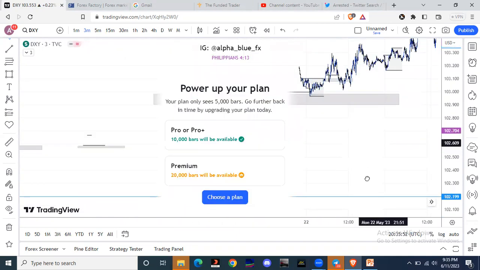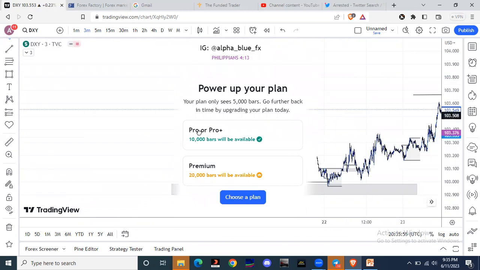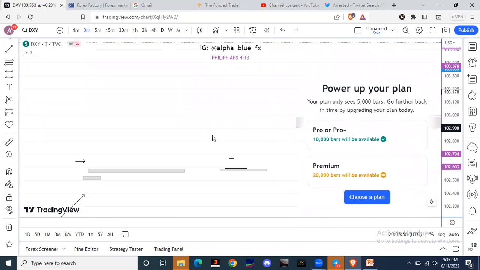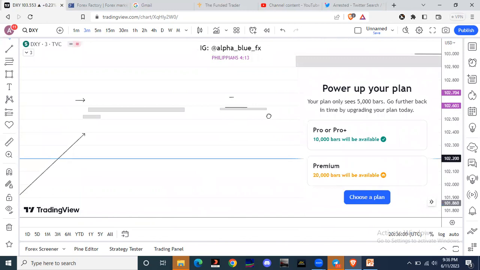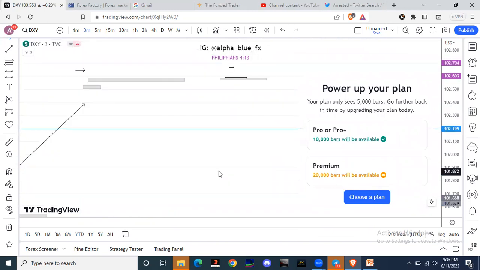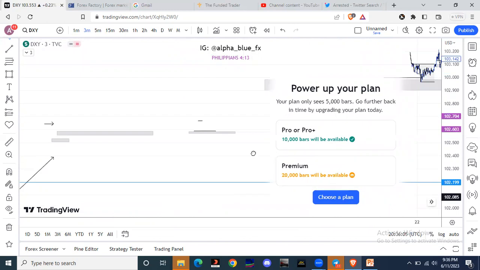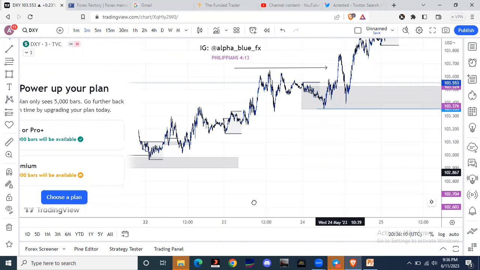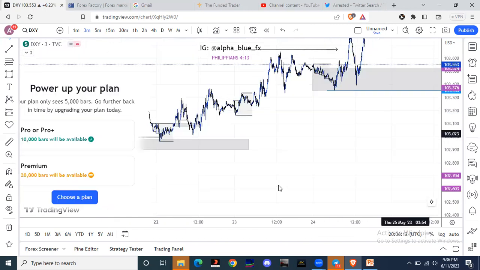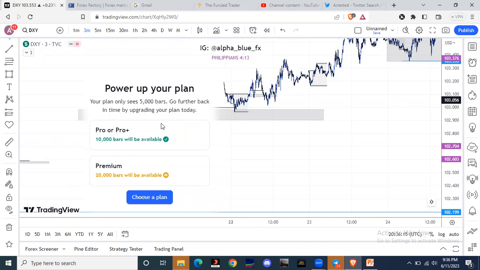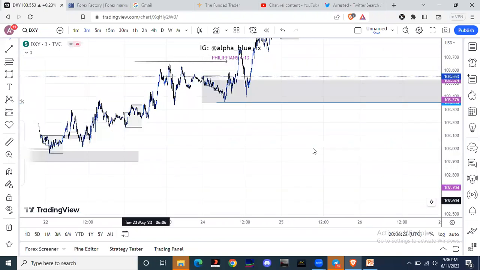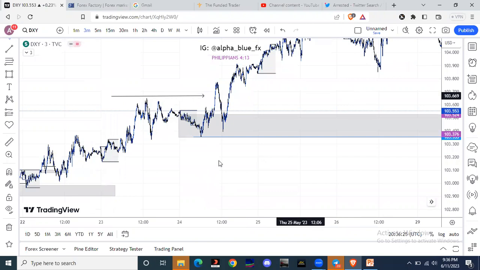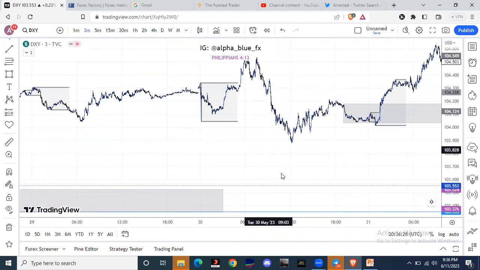I don't even know what these guys are showing me again. Oh my God, it can't load unless you upgrade. No, I don't think it's unless I upgrade. It's just misbehaving right now. Yeah, let's just continue, guys. Let's look for another example.